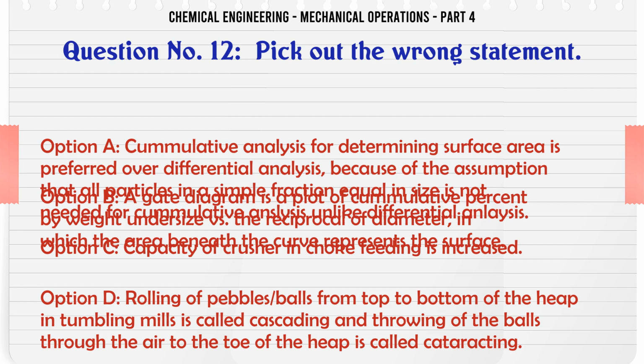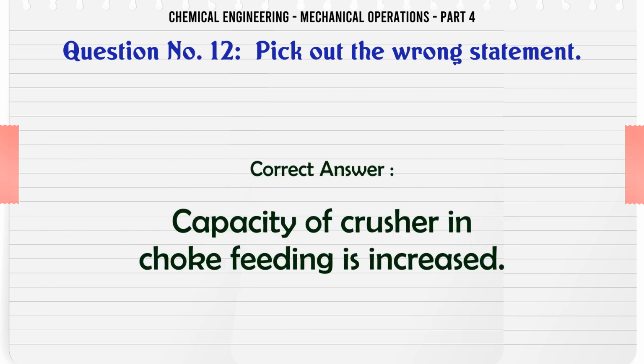C. Capacity of crusher in choke feeding is increased. D. Rolling of pebbles or balls from top to bottom of the heap in tumbling mills is called cascading, and throwing of the balls through the air to the toe of the heap is called cataracting. The correct answer is capacity of crusher in choke feeding is increased.